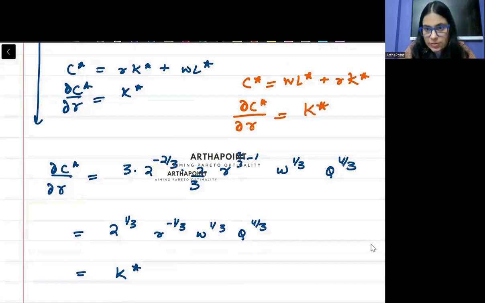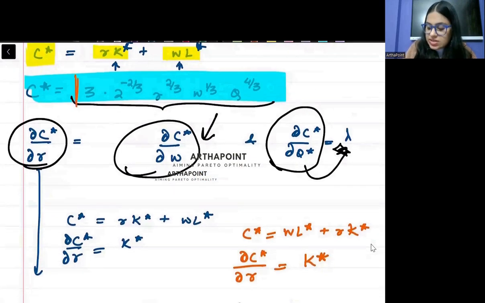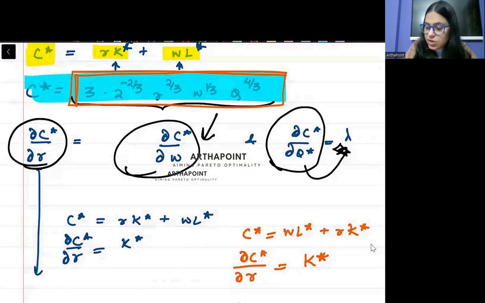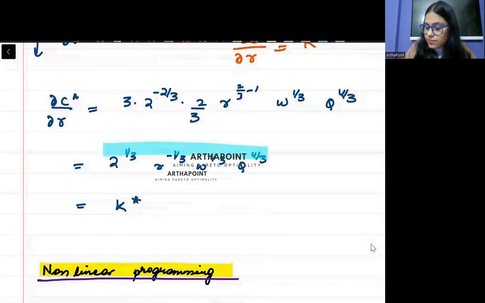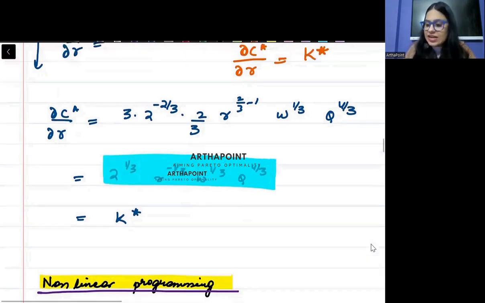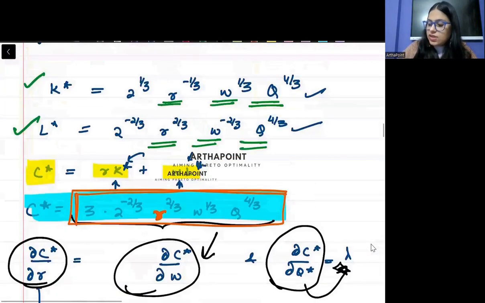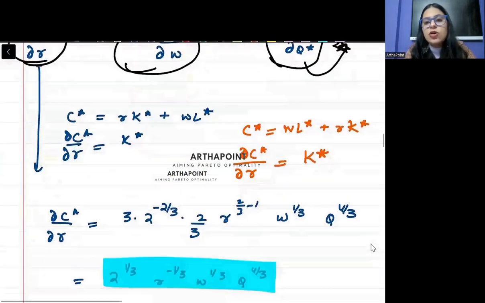So ideally, I will differentiate this optima cost with respect to this R, and whatever answer you will get, that will be exactly the optima value of K that you found earlier.